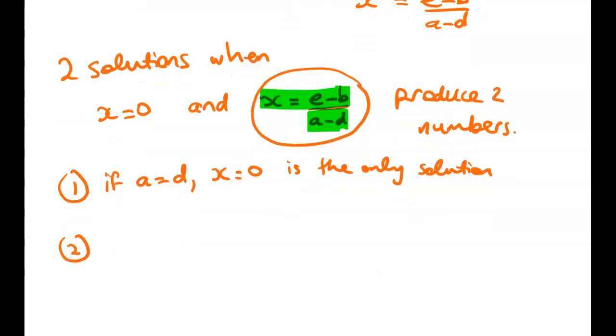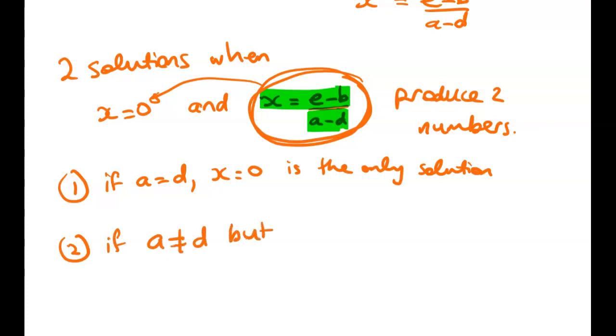And then there's one more thing that can make us not get two numbers, and that's if this one is also equal to 0. So if a is not equal to d, but e equals b, then we have x is equal to (e minus b) over (a minus d) is equal to 0 as well.